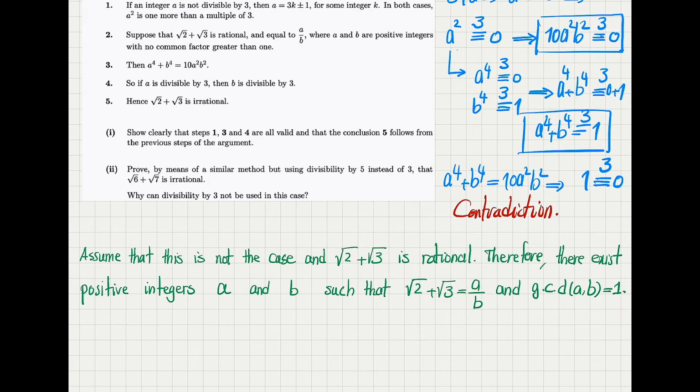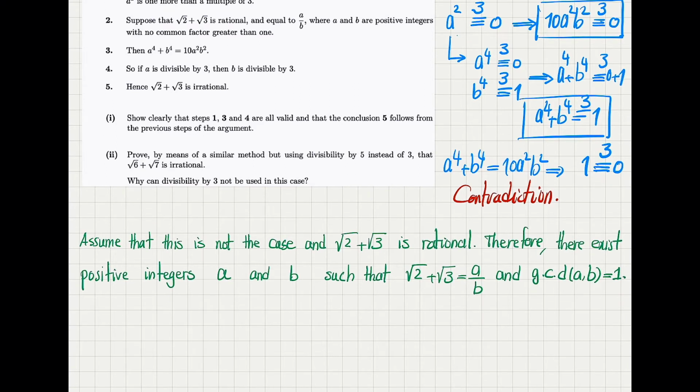Okay, now let us see how it goes. In statement number 3, we learned that if square root of 2 plus square root of 3 is a over b, then a to the 4 plus b to the 4 is equal to 10a squared b squared.